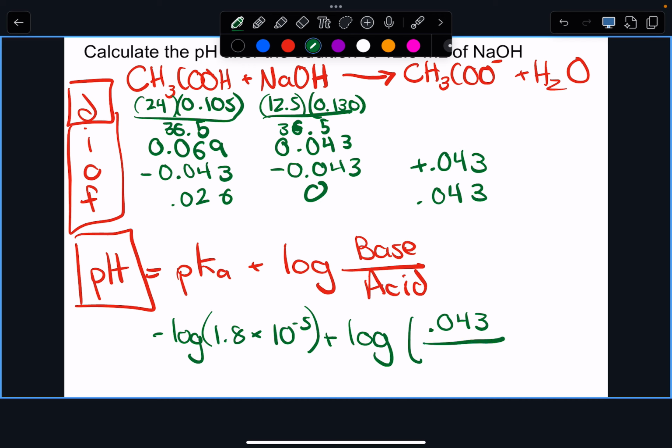Oh, come on. 0.05 for the initial for the NaOH. Instead of 0.043, we have 0.045. Okay. Divided by 36.5. No, you're right. I think I might have put 35 in there because I kept reading that as 35. 36. Point.